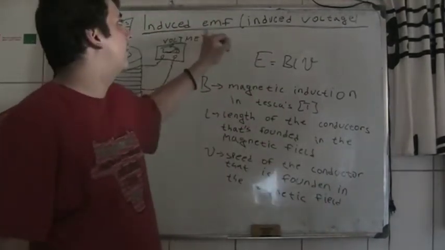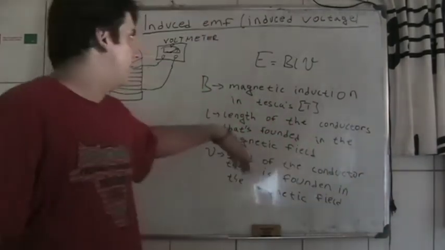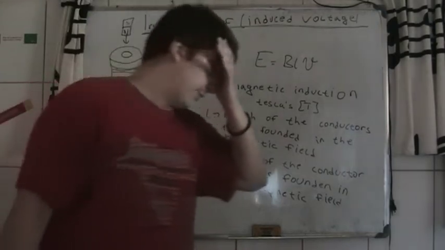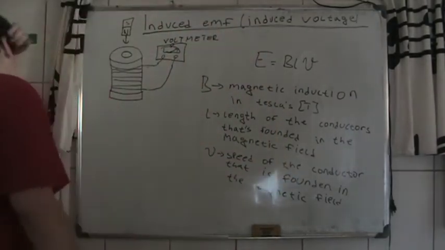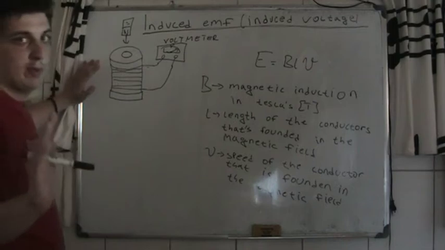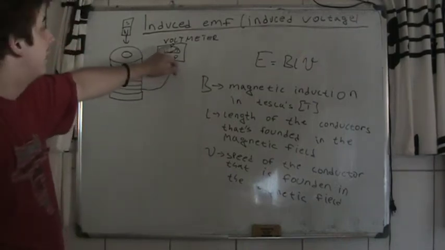This word induced means made, like there is an EMF made in the solenoid. Induced. Okay. So now if you put it in and just leave it there, there is no movement, no speed, no velocity, then it's going to show you again 0.